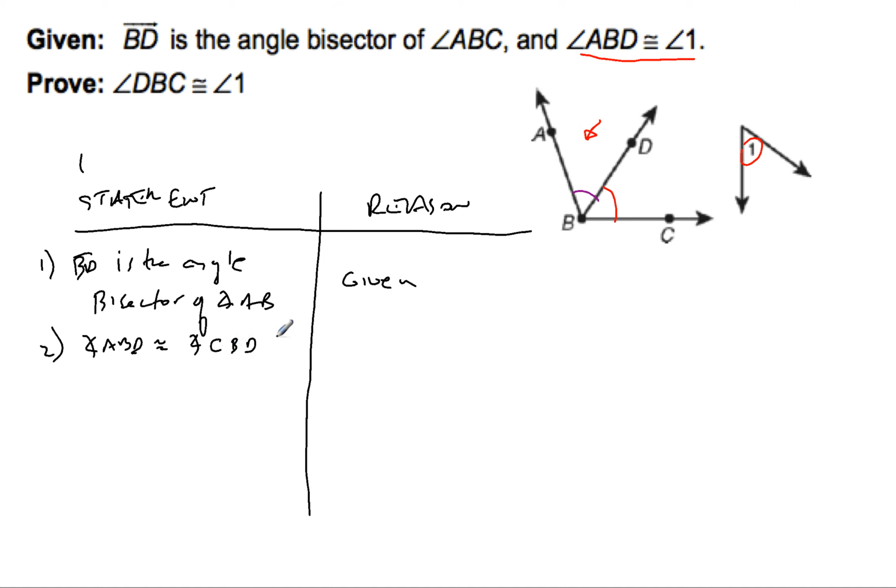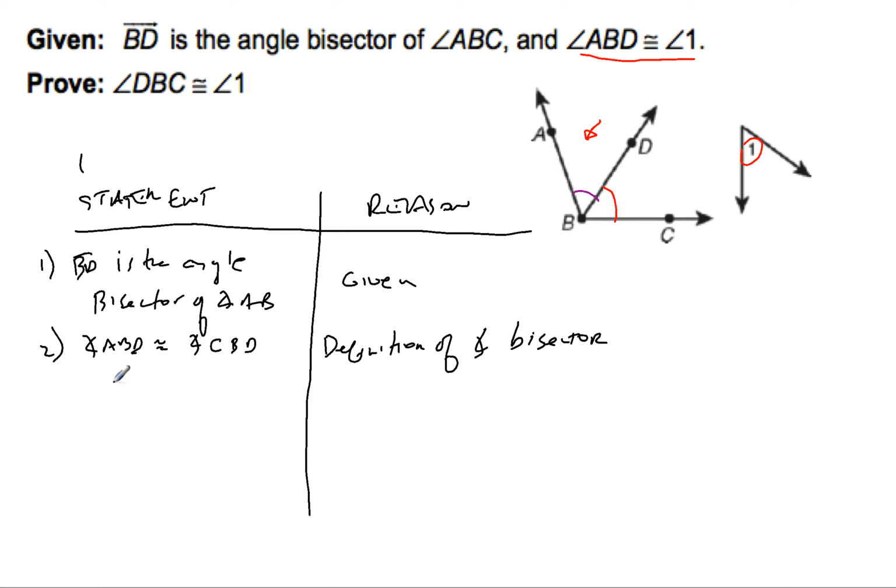And the reason for that is an angle bisector divides an angle into two congruent angles. Or I can just say definition of angle bisector. What is an angle bisector? An angle bisector is a line segment that divides an angle into two congruent angles. So that is my reason for saying that angle ABD and CBD are congruent.